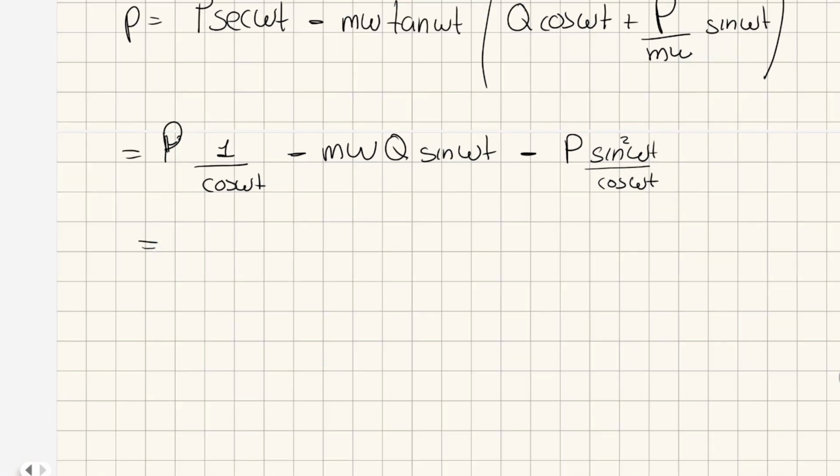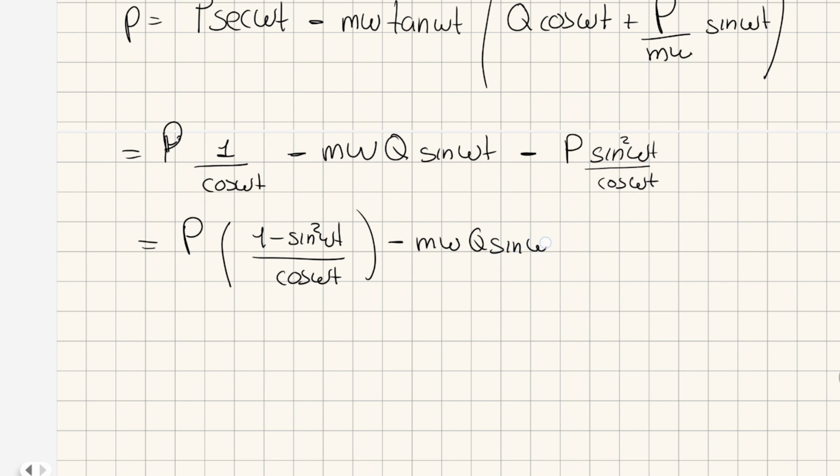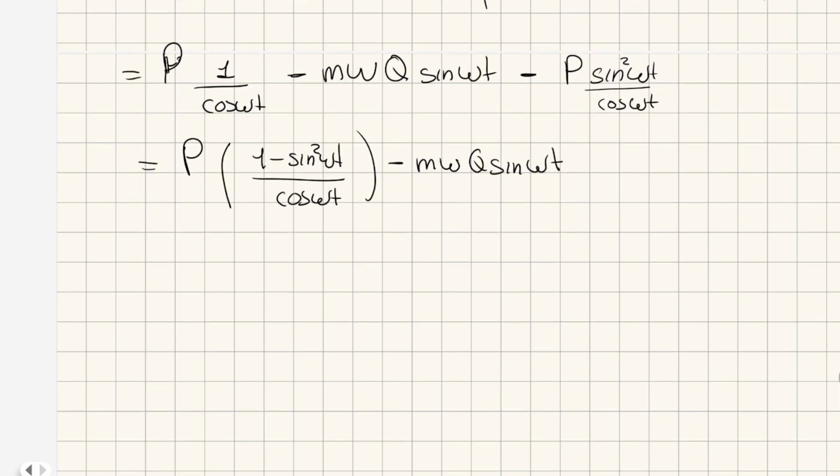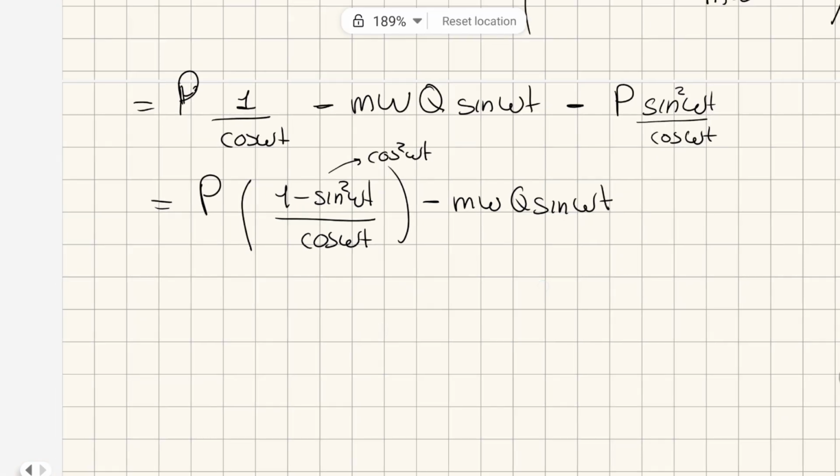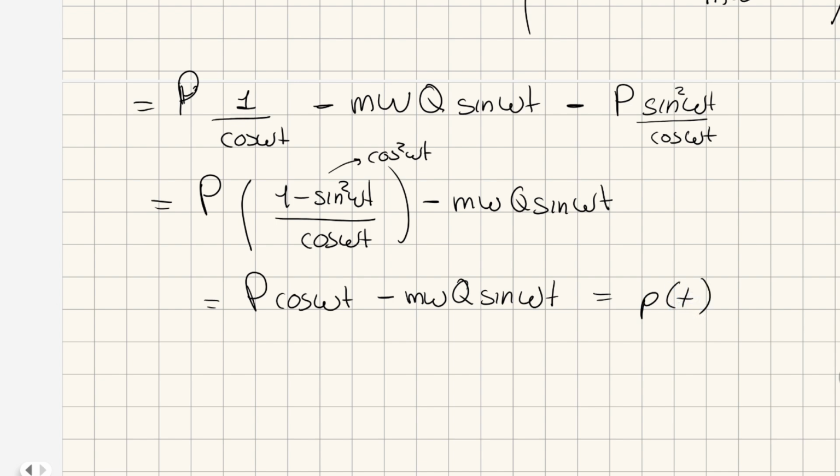And if we take a common factor P, we get P times 1 minus sine squared omega t divided by cosine omega t minus m omega Q sine omega t. And of course, this is equal to the cosine squared of omega t. Cosine squared divided by cosine, we will get P cosine omega t minus m omega Q sine omega t. And this is the function that describes the little p of t, of course.